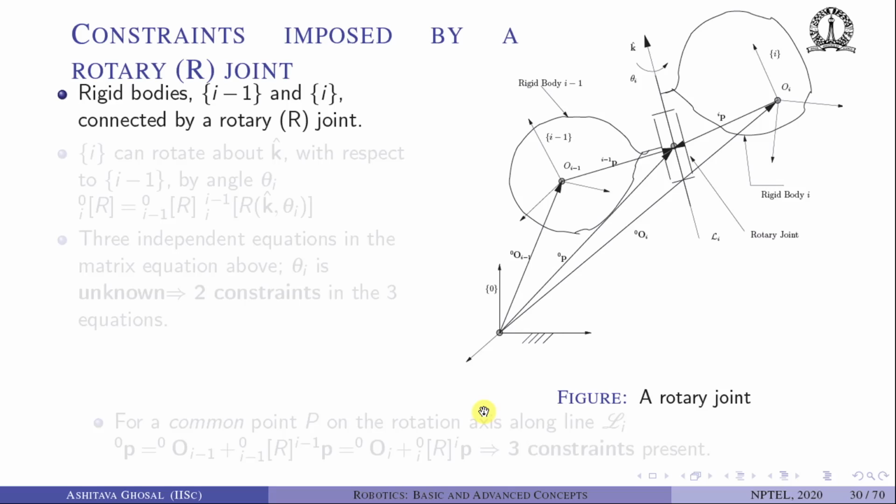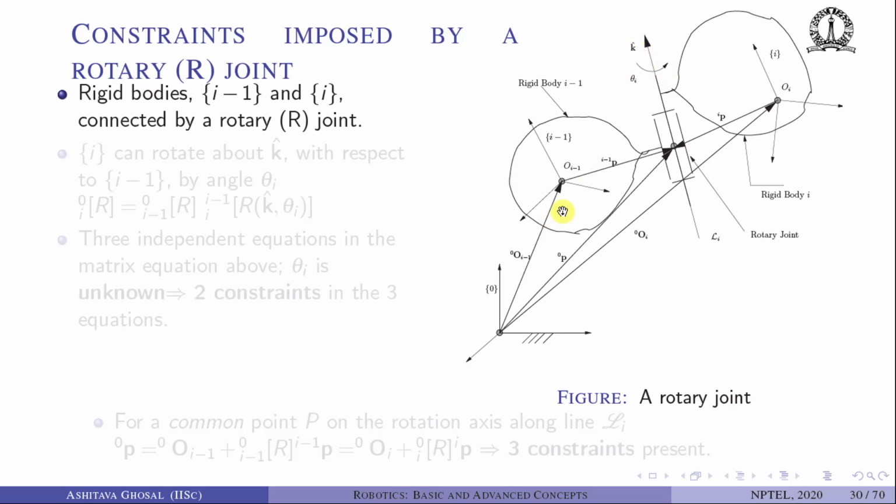As I said, one of the important things is that a joint imposes constraints when you connect 2 rigid bodies by a joint. So let us look at the constraint imposed by a rotary joint. In this figure, we have a rigid body i and a rigid body i minus 1, connected by a rotary joint. The rotary joint is represented by an axis or a line along which it rotates. This is labeled as k, and it can rotate by an angle theta i.